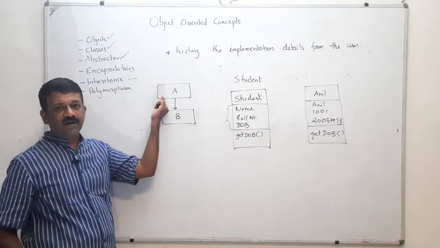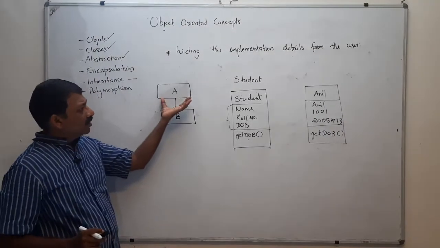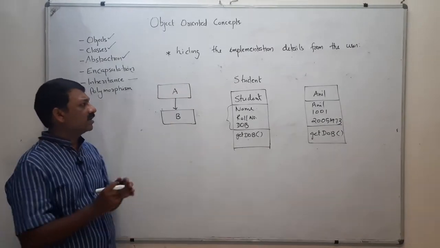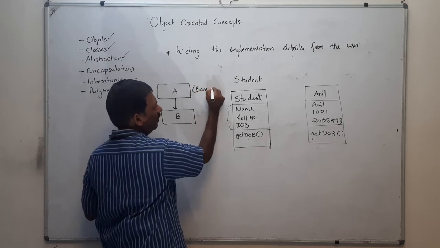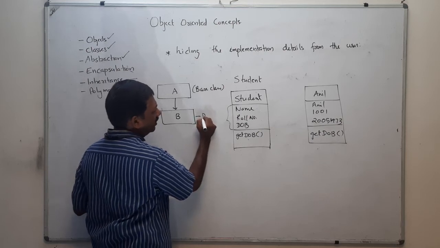We will discuss that later. A is called the base class, and B is called the derived class.